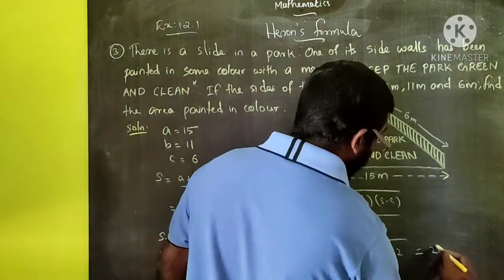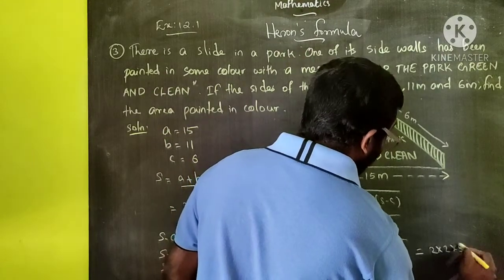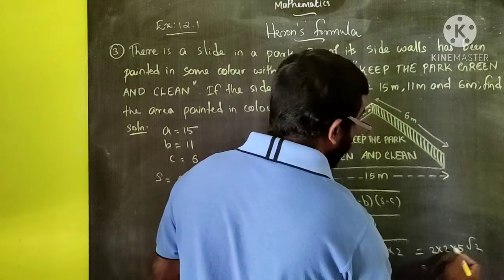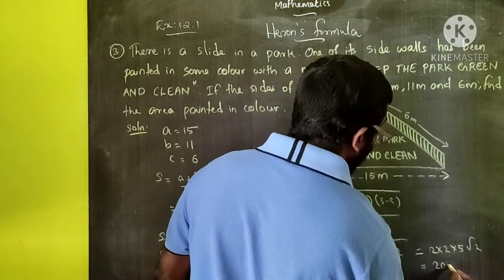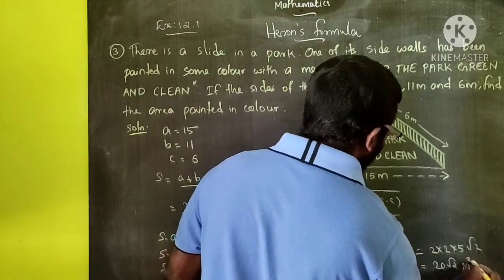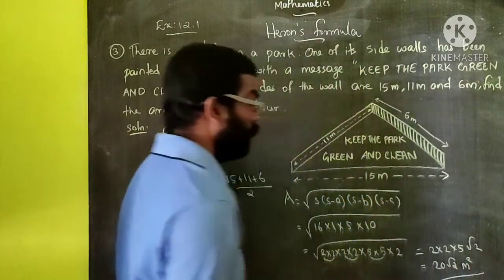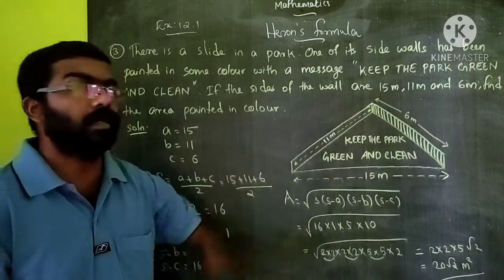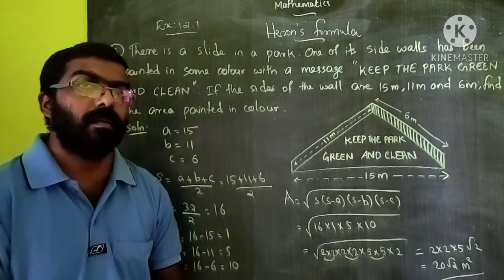So 2 into 2 into 5, then root 2. That is 2 2s are 4, 4 5s are 20. 20 root 2 meter square or square units. Okay, this is the area of the portion painted in color. Understood?